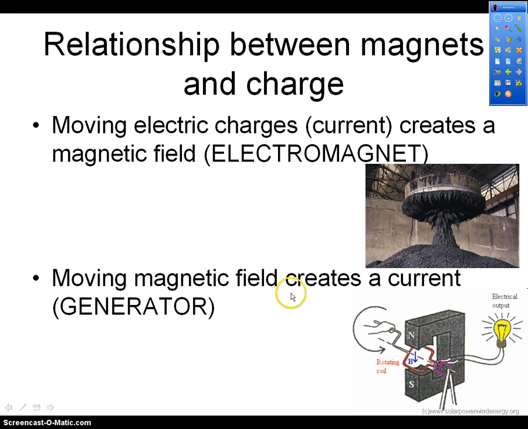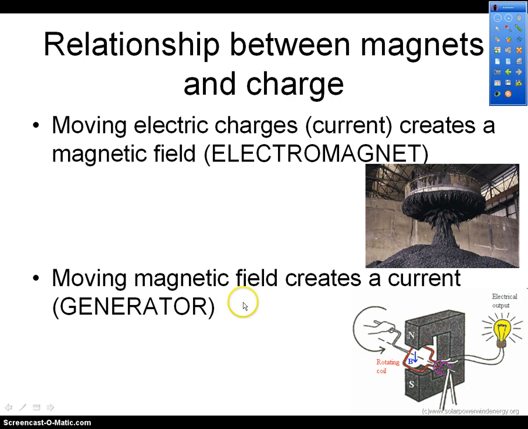The other relationship is something we'll talk about a little bit later on, and that's how if you have a magnetic field and you move it around, you can create a current. So if you have two magnetic fields moving relative to each other, you can create a current. And that's what a generator does.